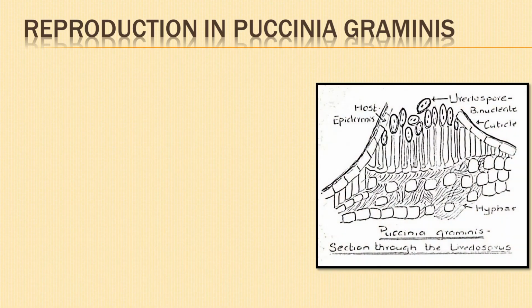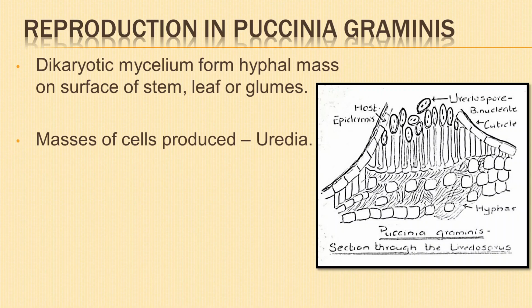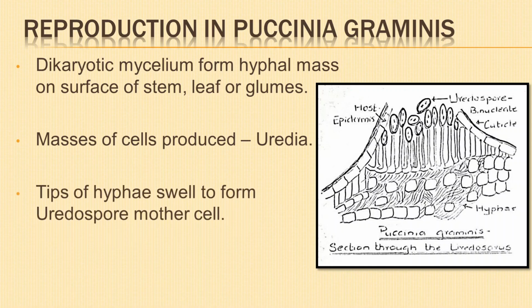The hyphae of the dikaryotic mycelium form a hyphal mass near the surface of the infected organs like stem, leaf, or glumes. Masses of cells are produced subepidermally, which are known as uredia. The uredia gives out slender, vertical, stalk-like hyphae whose tips get swollen up and is known as the uredospore mother cell.